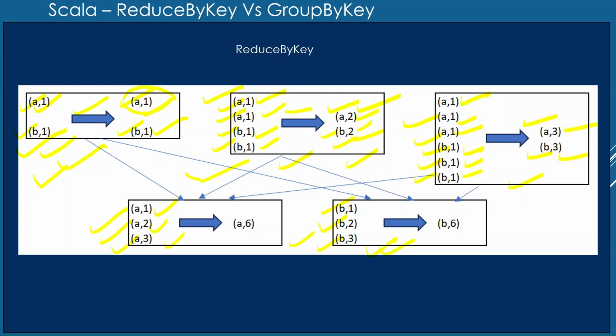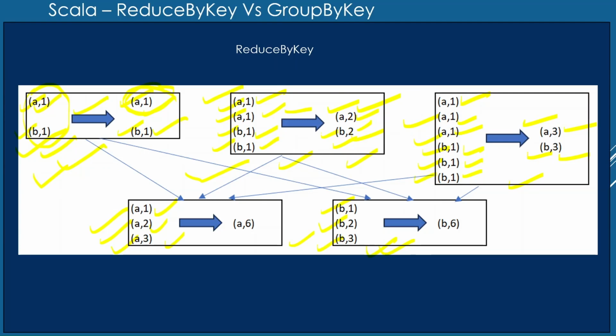Suppose 1000 records are there and the data is 10 MB. When the reduction operation is applied and we get the sum for each key, the data could reduce to 1 MB. So from 10 MB the data reduces to 1 MB, which is a huge thing. When the data is shuffled between different executors, it is now very small.